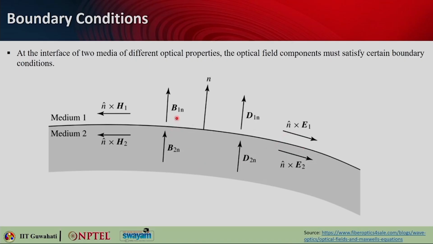These are the normal components of the B and D fields, which is basically the magnetic flux density and electric flux density, and these are the tangential components of electric field at region 1 and region 2, or you can say medium 1 and medium 2. Here it is showing the tangential component of the magnetic field in medium 1 and medium 2.